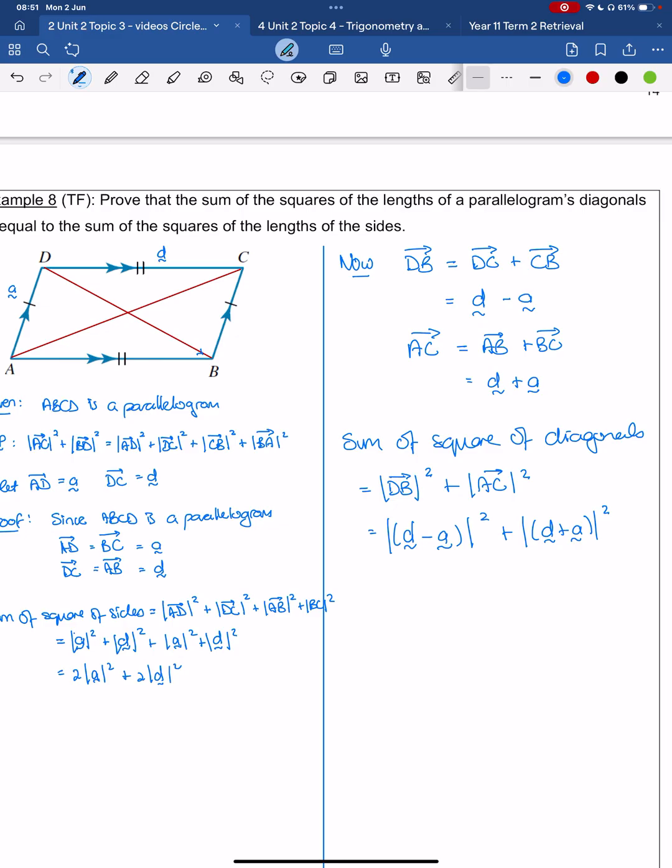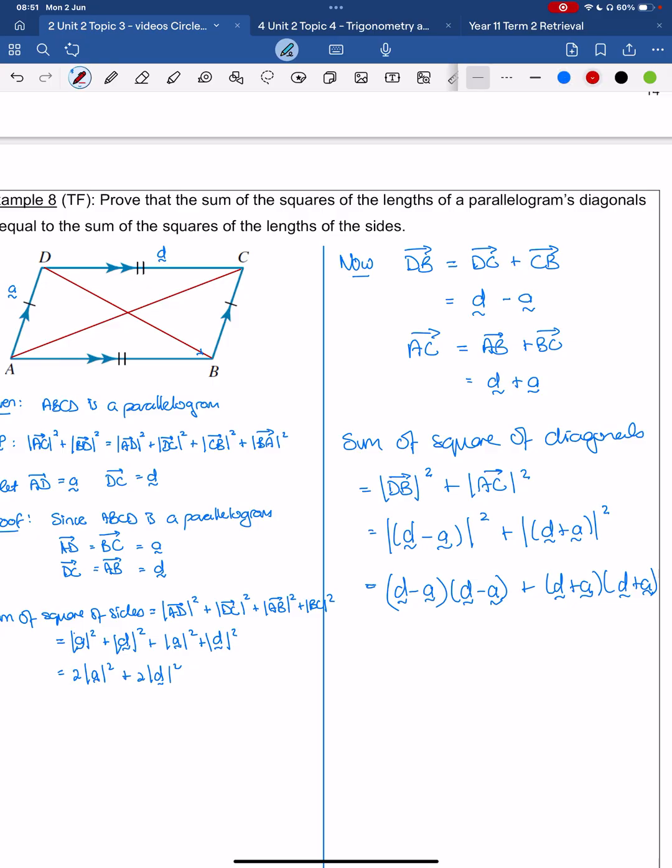And I know that when I square vectors, I can write that as (d minus a) dot (d minus a) plus (d plus a) dot (d plus a), and I can use FOIL to expand, okay?